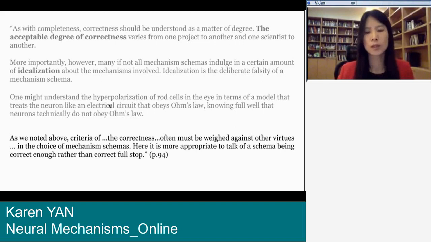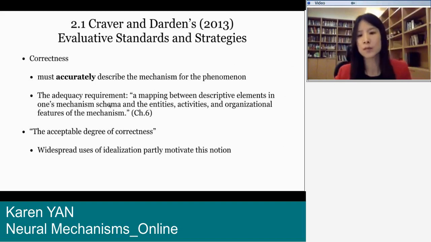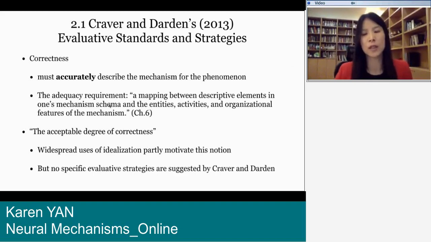So what this quotation shows is that they are really after an acceptable degree of correctness. And more importantly, the widespread use of idealization that they acknowledge partly motivates them to use this notion. But unlike the case of completeness, they do not give any specific evaluation strategy for what counts as an acceptable degree of correctness.